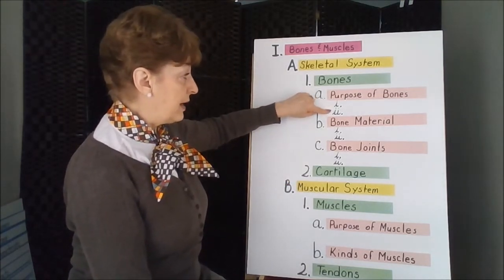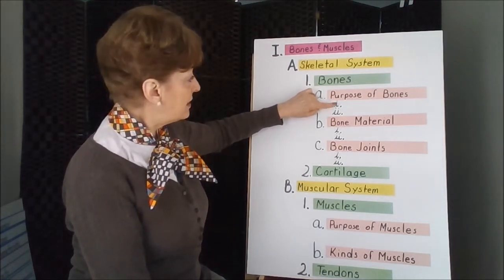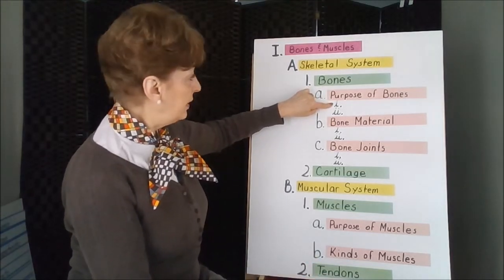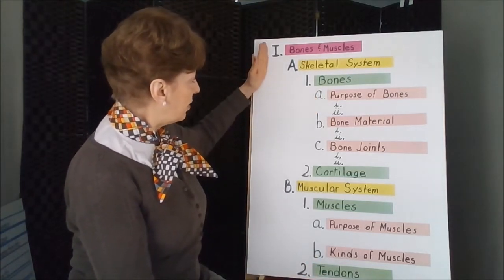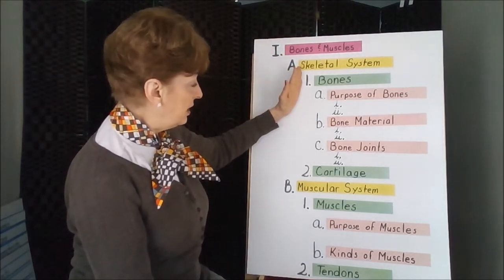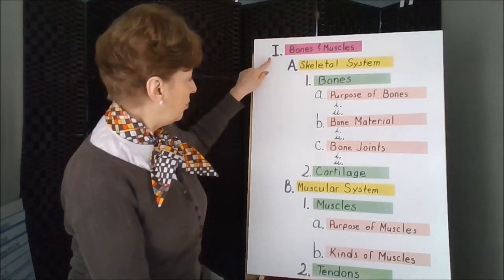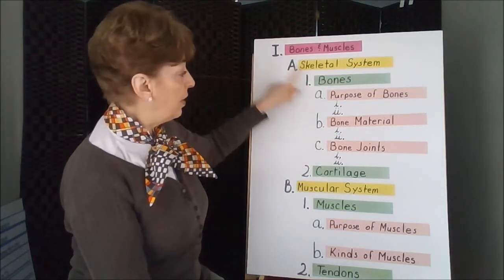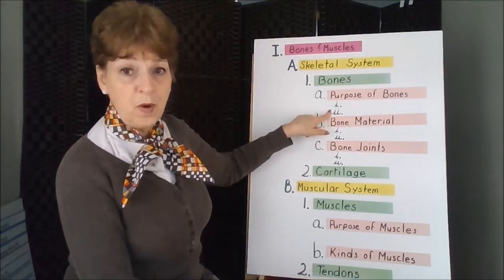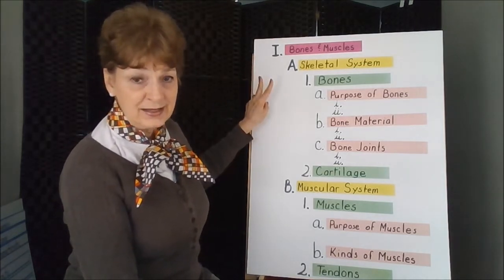Within the subtopics, I did not show the detail on this, but I do want to show you the hierarchy of how you set it up. We go from Roman numerals to capital letters to Arabic numbers to lowercase letters, and then we'll repeat the Roman numerals, but they are in lowercase. So a Roman numeral 1 is an I, a Roman numeral 2 is 2 I's.